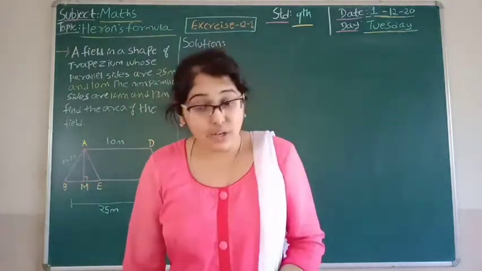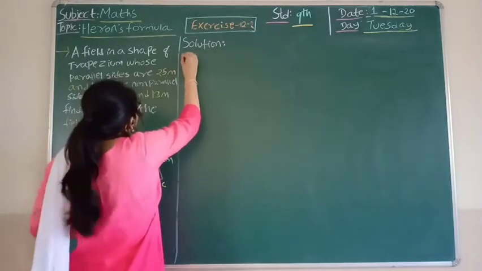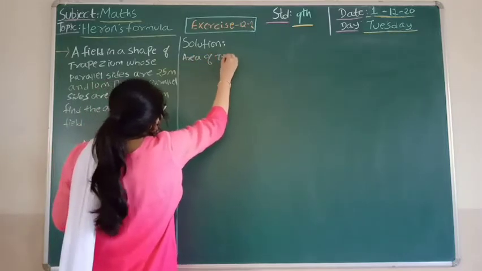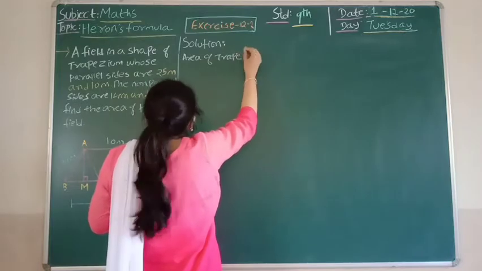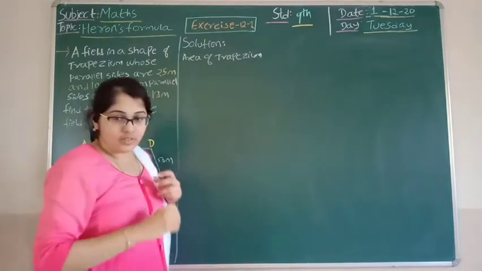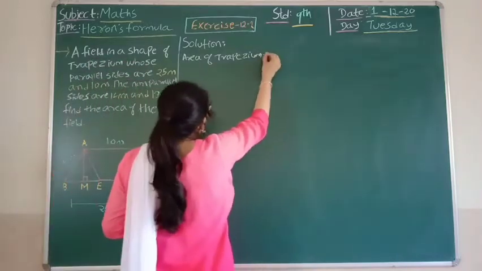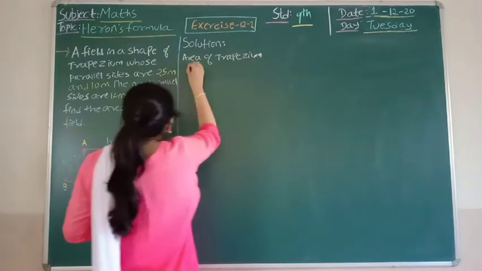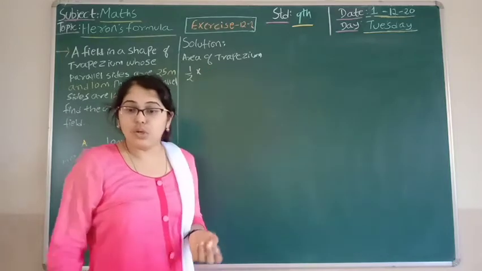The formula to find the area of a trapezium is half into (B1 plus B2), because we have two bases over here.